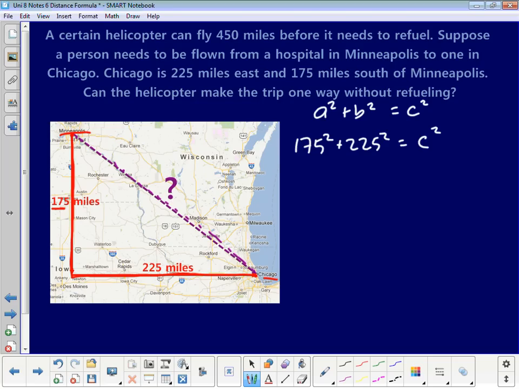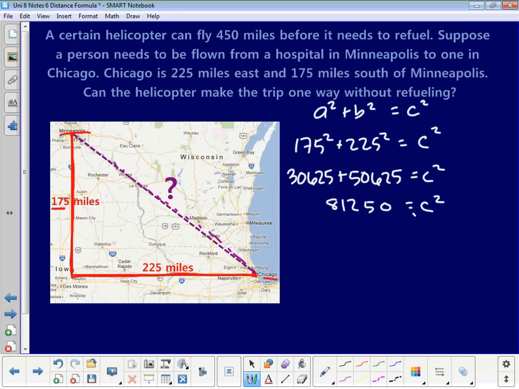If I plug those in, 175 squared plus 225 squared, I end up with 30,625 plus 50,625. Adding those together, I get 81,250.